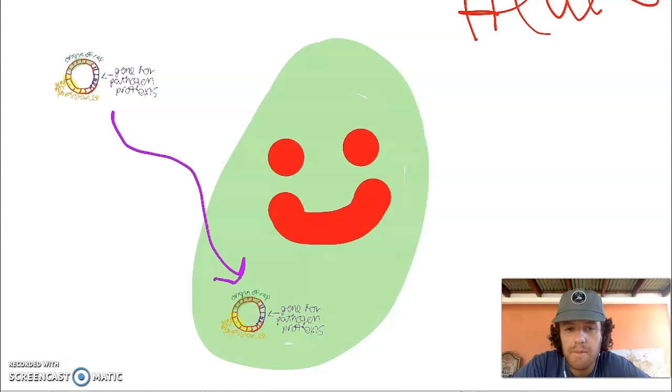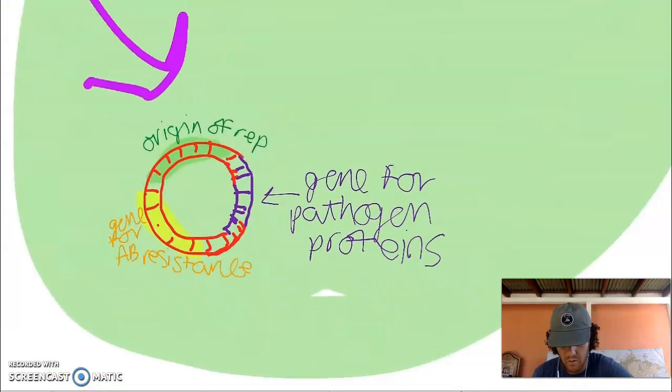Why does this matter? Well, let's think about this bacteria cell going through protein synthesis. What is it going to do? The first and most obvious answer to that question is that when this cell goes through protein synthesis and reads the DNA in this plasmid, it is going to be reading the instructions to make pathogen proteins.